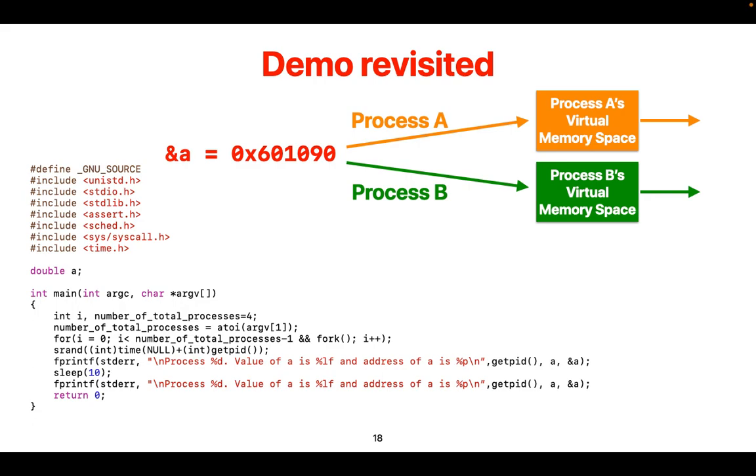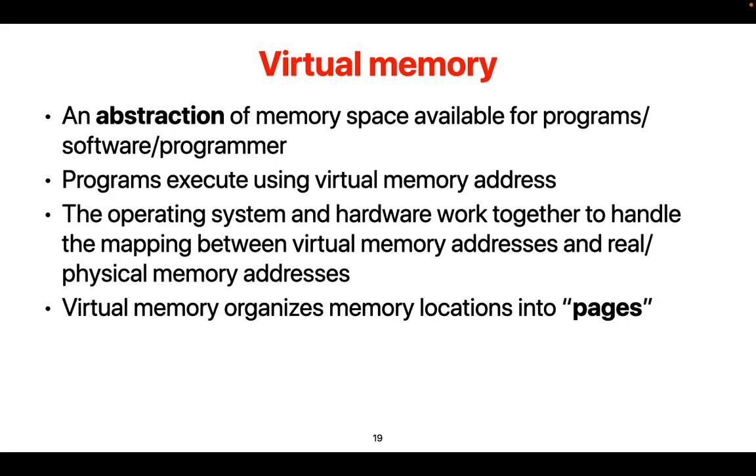With this abstraction, they will be mapped to different physical locations in your memory. So that's why if you write your own A, it won't affect other people's A. Although they have the same virtual address, they have different physical addresses. So that's why they don't overwrite each other.